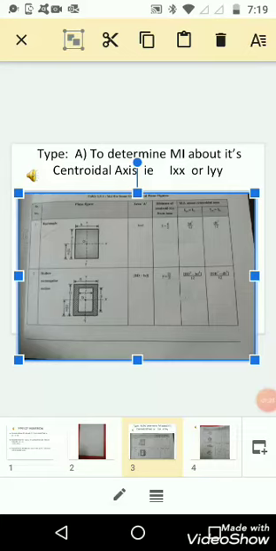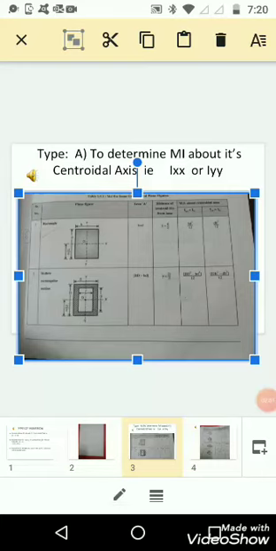We have this table: serial number, plane figure, then the area of the plane figure, third column, fourth column, distance of centroid G from base. Next column, moment about centroid axis, in which we have two sub columns, IXX is equal to IG, IYY is equal to IG.